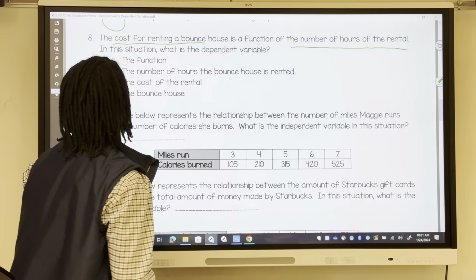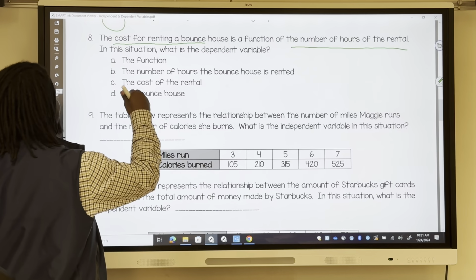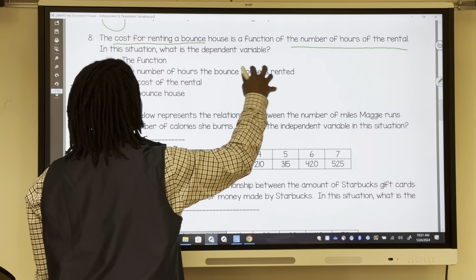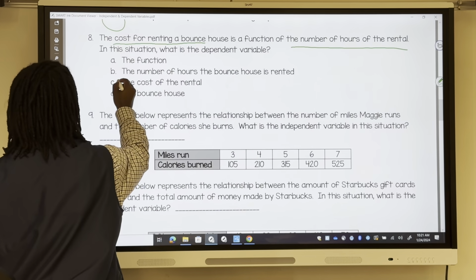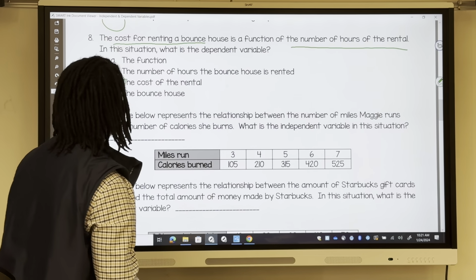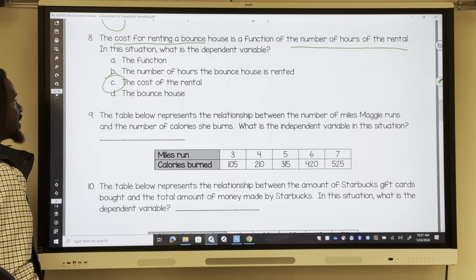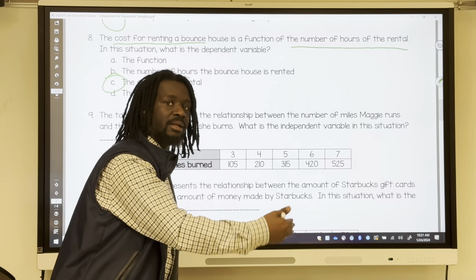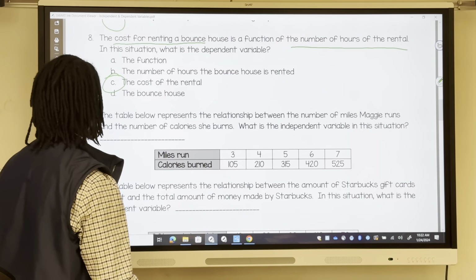No. For this one, the dependent variable is the cost, which depends on how many hours that you rent. So C would be the answer for the dependent variable. Again, the cost depends on how many hours.